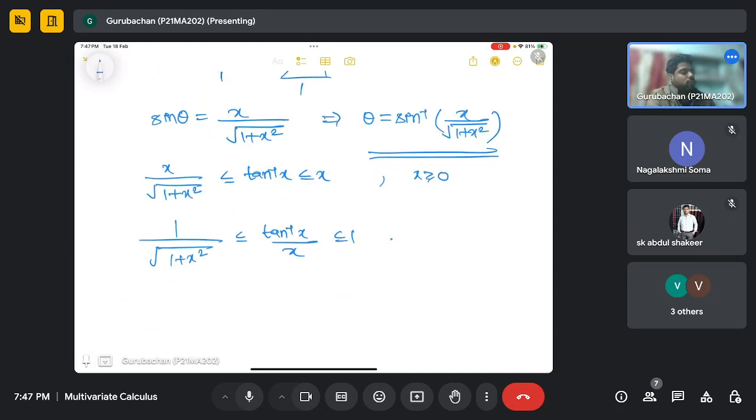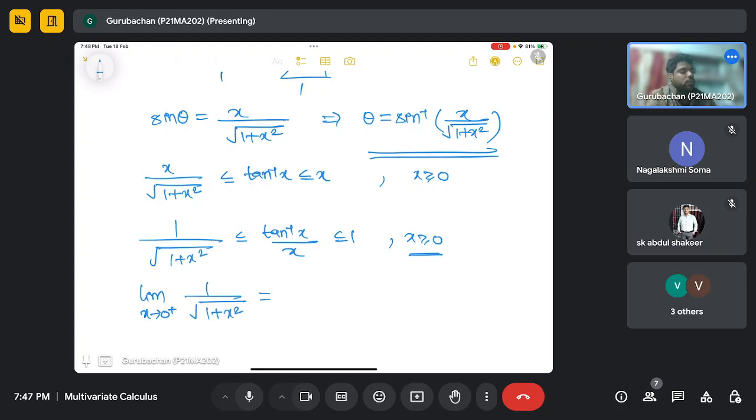Now from here, limit x tending to 0 positive. Since I am only talking about x greater than or equal to 0, I can only calculate the limit from the right hand side.